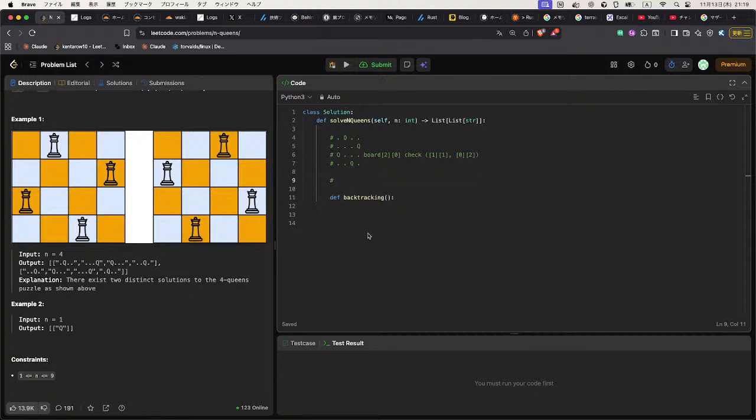Horizontally, we don't need to do that because if we placed one queen on the line, we move on to the next line, so we can make sure it is horizontally safe, right?